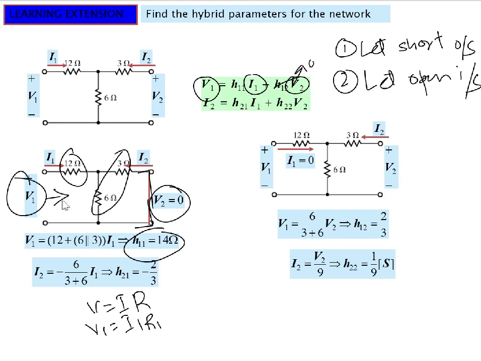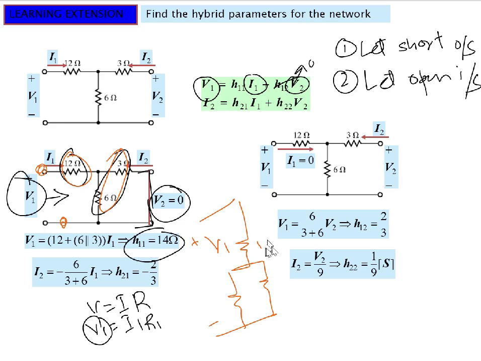Now where is this V1 happening? V1 is happening across this and the parallel combination of this. So from here to here it is V1. This is our 12 volt, this is our 6, and this is our 3.